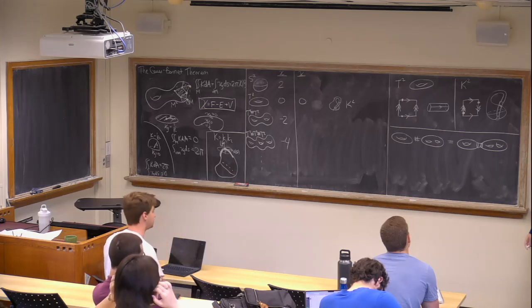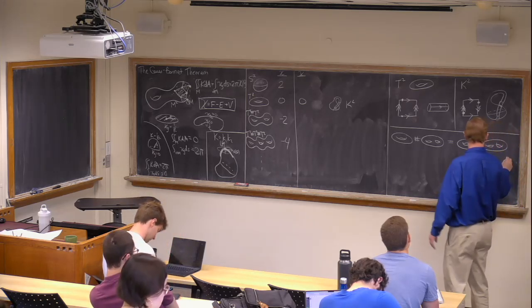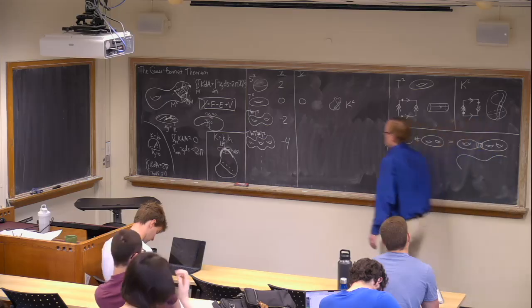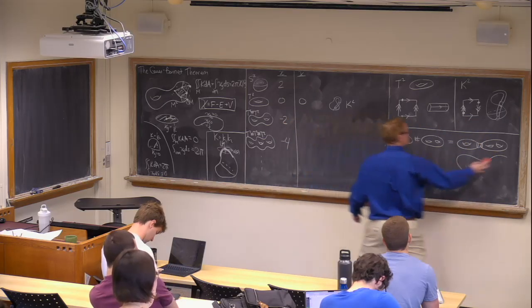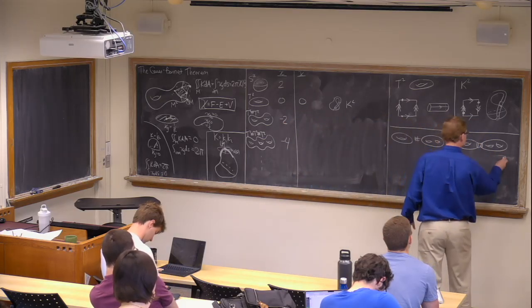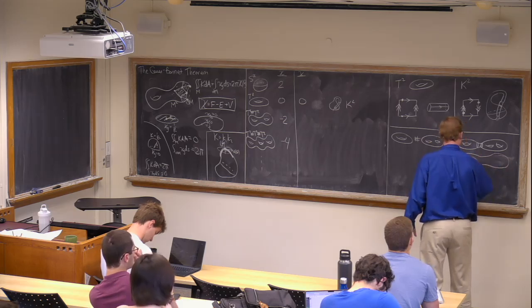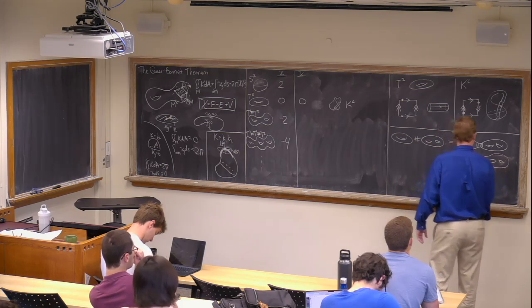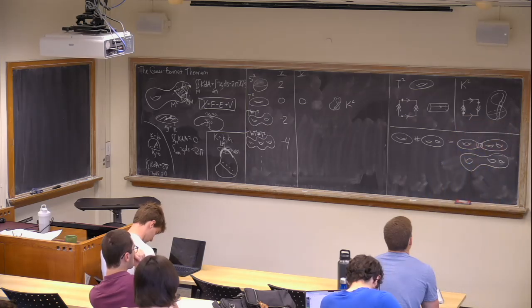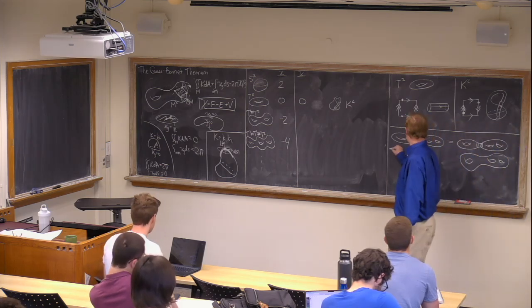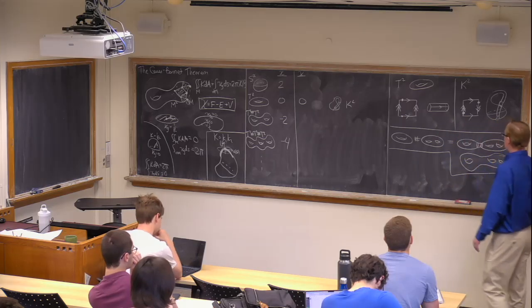And that gives you a new surface, which, and you can see in this case, is a 3-hole donut. And so that is how connect sum works.